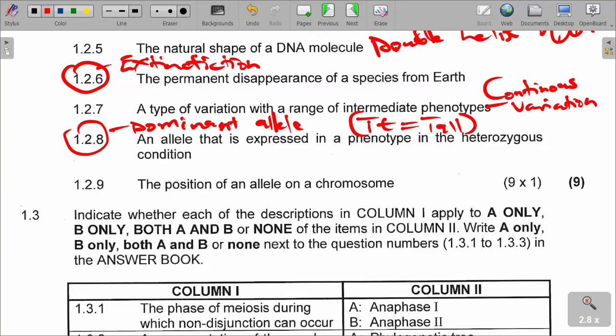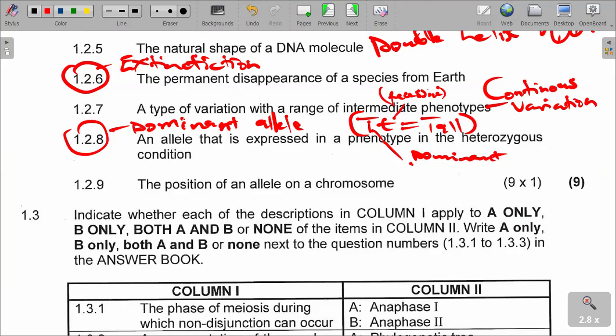So that is a dominant allele. That T is the dominant, and the small t is the recessive. I'm sure you still remember these expressions.